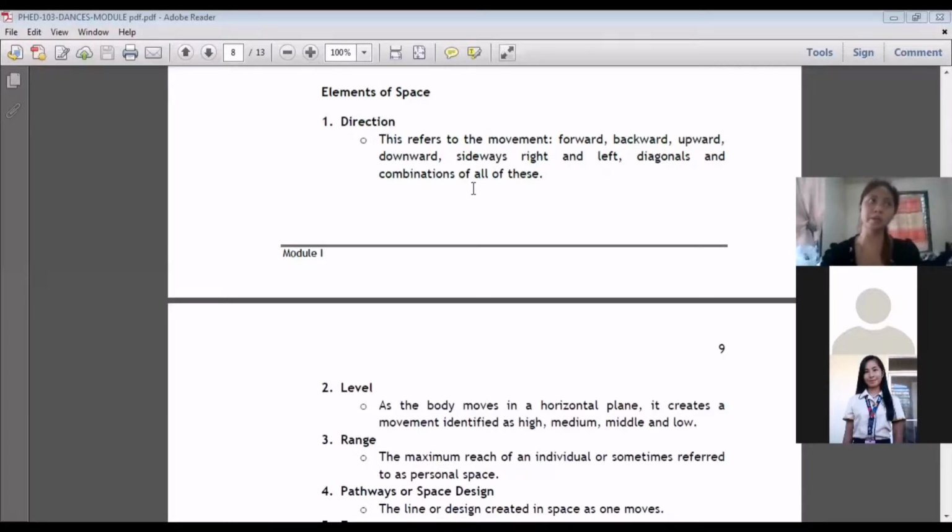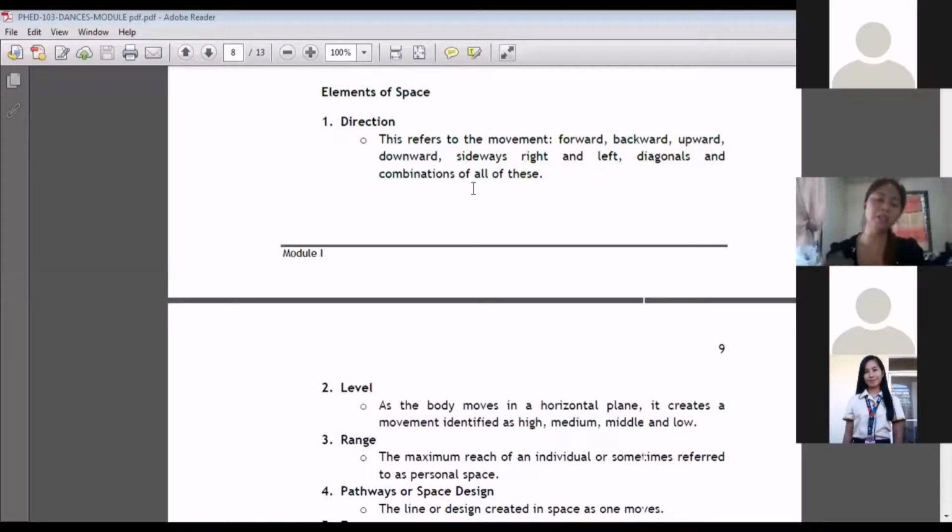Kasi when you start dancing and you have an instruction that you want to follow, it would be easy for you to follow the dance. Because usually dance steps will tell you, raise your arms upward, raise your arms sideward, shake or tap, or move forward, move backward, step alternately right and left to your diagonals front, then diagonals sideward to the back or something of that effect. So yon ang direction.